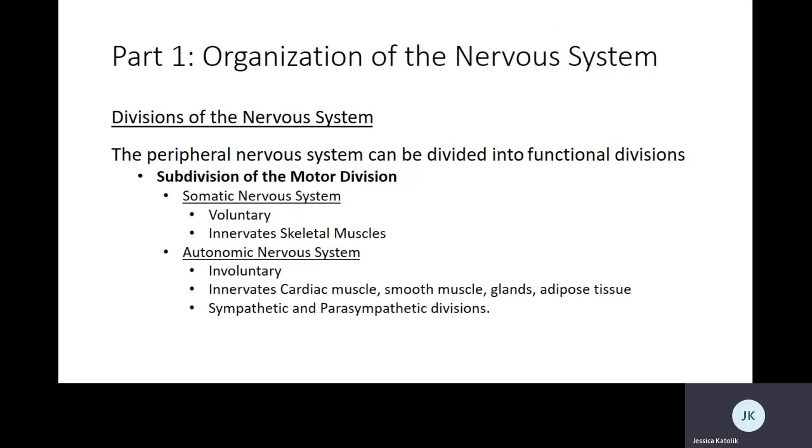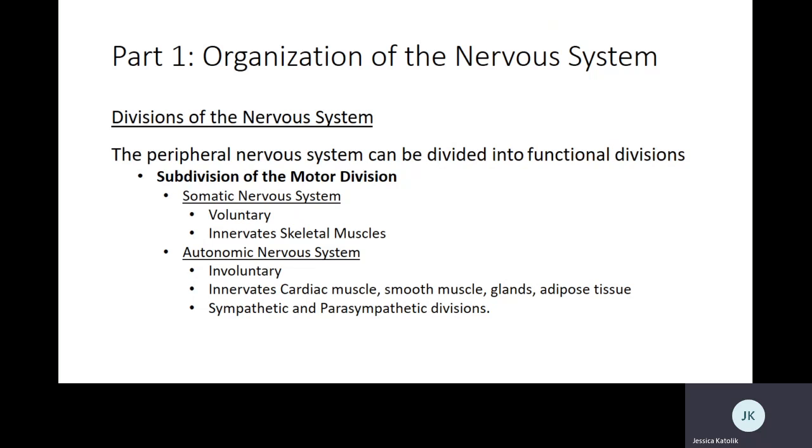So you can't automatically think, hey, smooth muscles in the blood vessels, I want you to dilate, so to lower my blood pressure. You can't do that directly. So that is unfortunate. I would think that would be a very helpful skill, but hey, life is life. So somatic is going to be voluntary and go to skeletal muscles, and autonomic is going to be involuntary and it's going to go to the effector organs listed here.